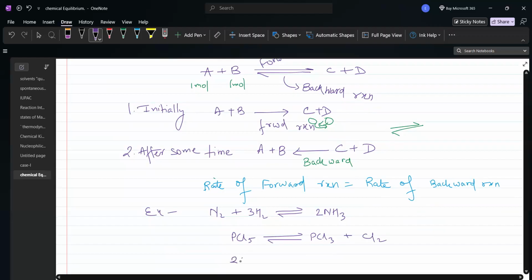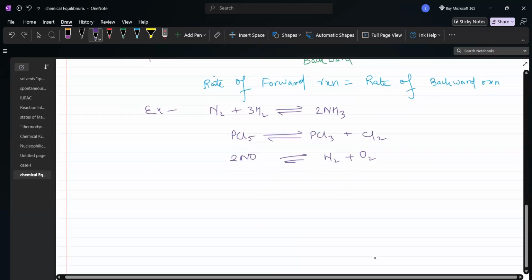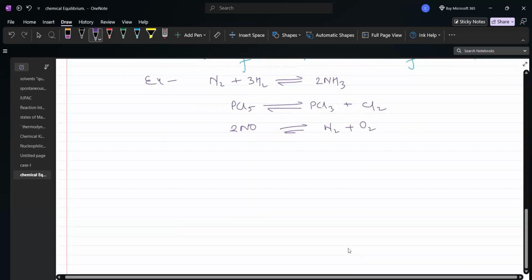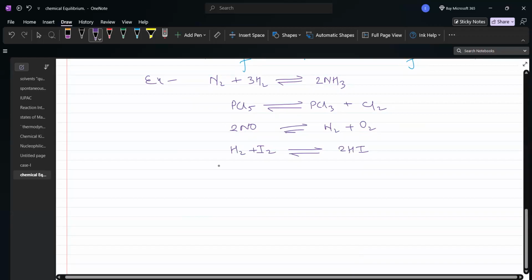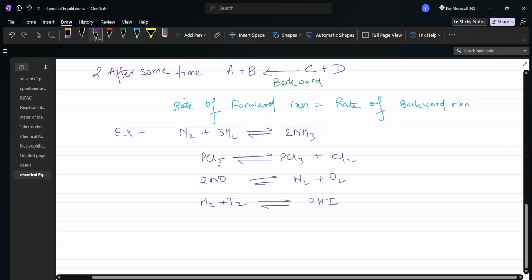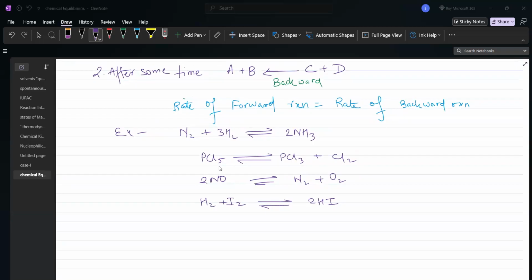These things are happening simultaneously. Same is happening with N2 plus O2, and H2 plus I2 reacting and forming 2HI. Then we have many examples. Got this?